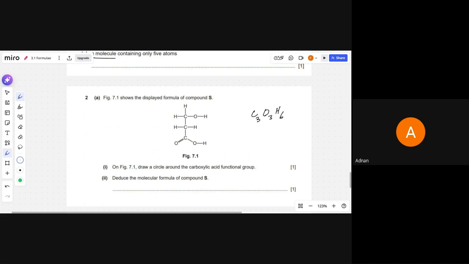Remember that whenever we have a compound that contains carbon, hydrogen, and oxygen, instead of writing COH, we mostly write the molecular formula as CHO. So it's going to be carbon with 3, hydrogens with 6 atoms, and oxygen with 3 atoms. This simple counting is going to give you 1 mark.